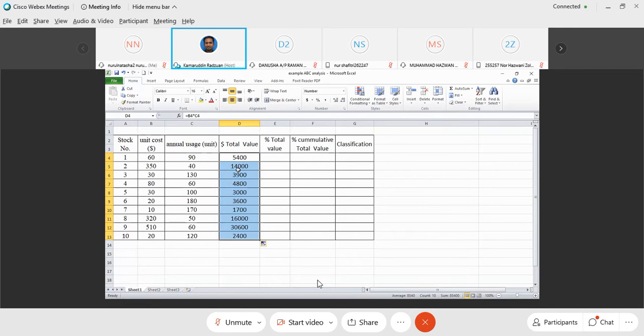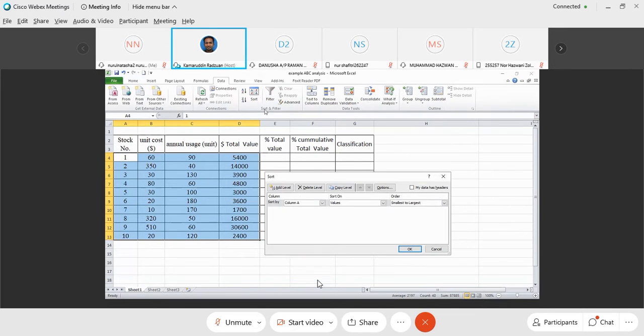Based on this data, we know that part number 9 has the largest total value, 30,600 ringgit.